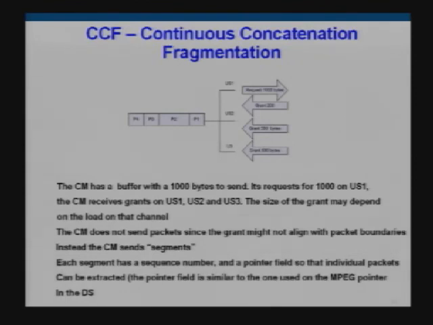And the CMTS, depending upon the individual channel utilization, will provide bandwidth grants in segments, as you can see. So for example, the request was for 1000 bytes, but the grant was sent in 200, 300 and 500 across 3 channels. So the cable modem is not only concatenating the packets here, P1 through P4, it ends up segmenting them and sending them across the upstream channels.